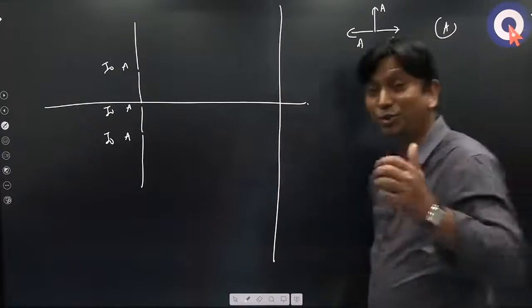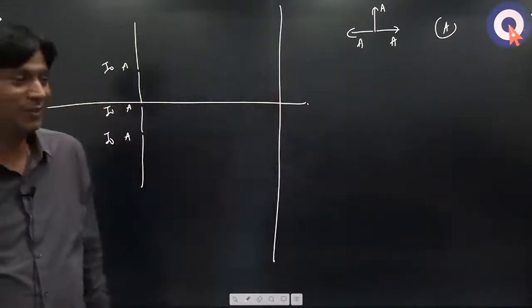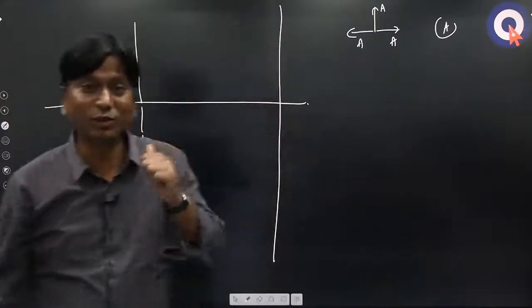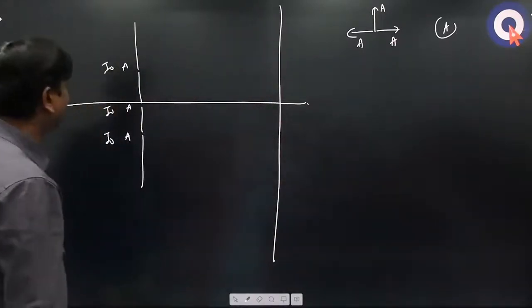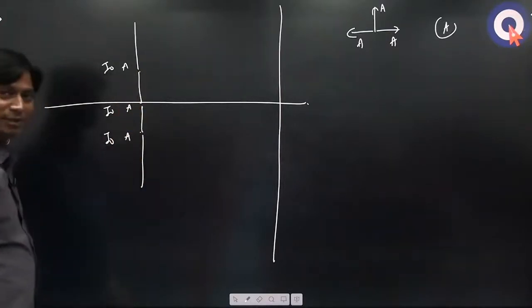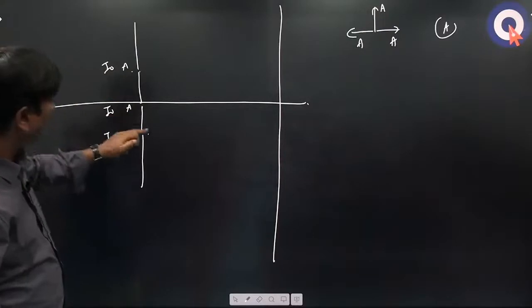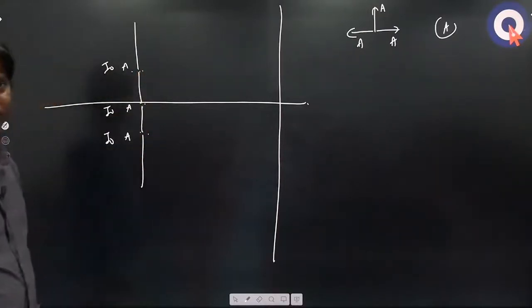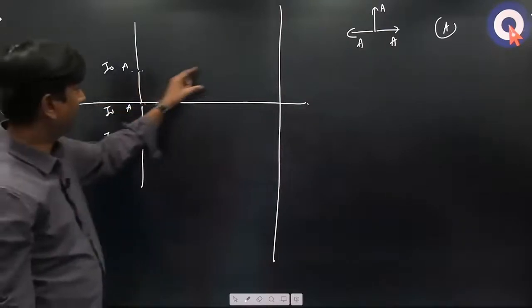Now, which two are having a 180 degrees phase difference? Means path difference is lambda by 2. Which two will have a path difference lambda by 2? Is it that these two have lambda by 2, or these two, or these two? That's the idea. Suppose if we take these two with lambda by 2, they'll form a minima.